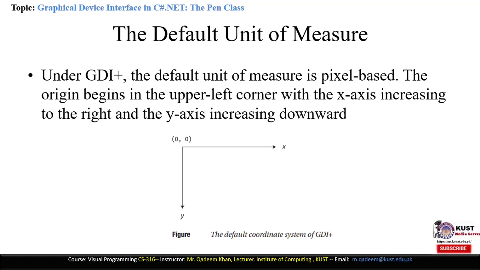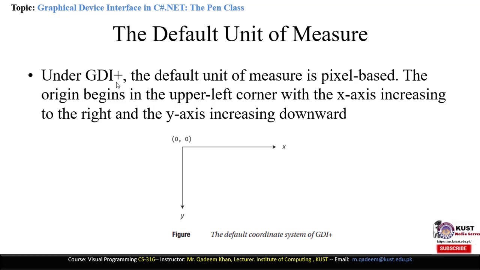So under GDI+, which is the extension of the simple GDI, where GDI+ is in fact supported by the web in scripting languages like Node.js and also other technologies like the .NET framework. GDI+ is used to draw more complex images and different components of the graphics.